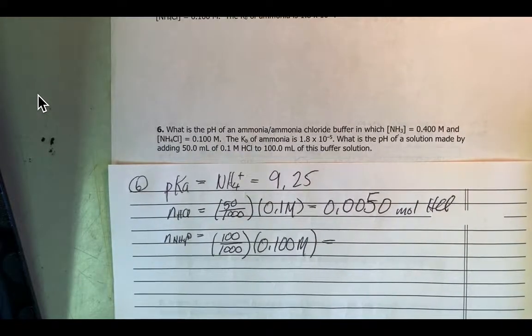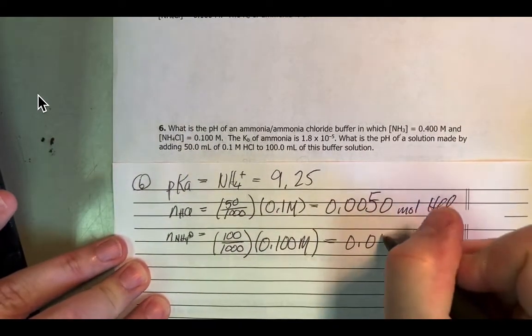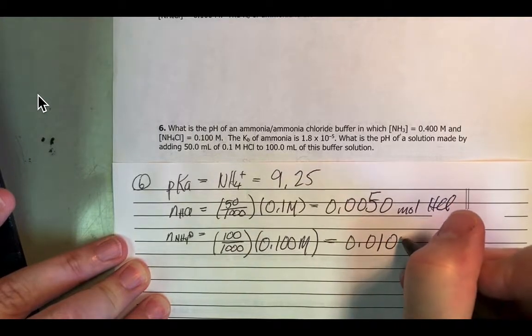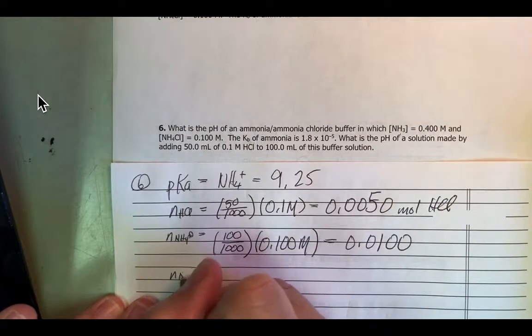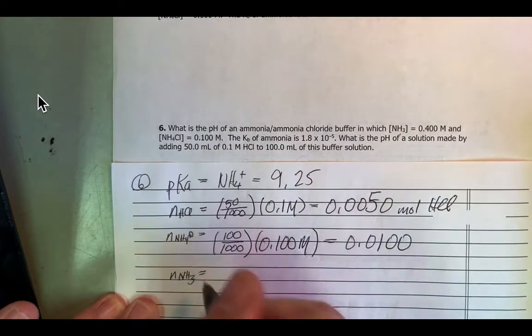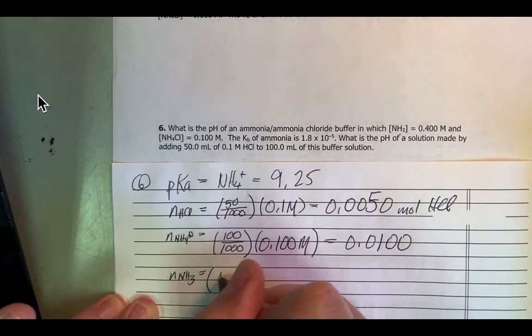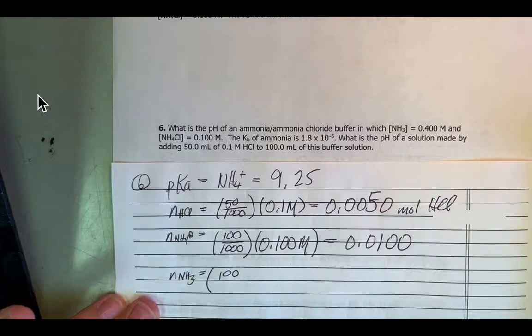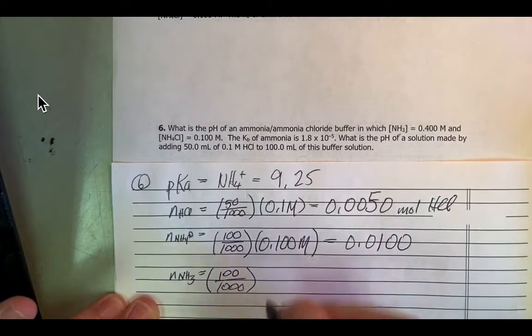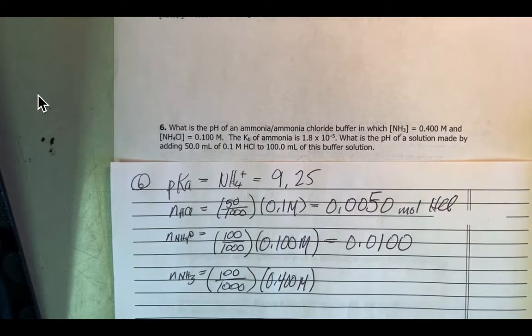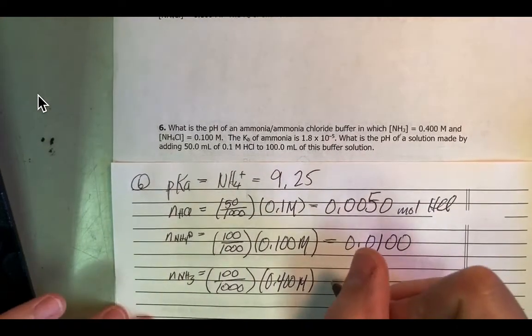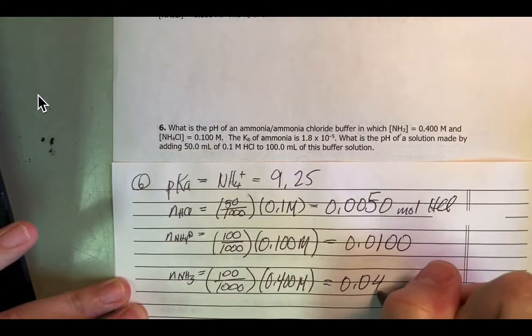So 100 divided by 1,000 times 0.1 is 0.0100. And ammonia in that buffer solution, in that same 100 mL buffer solution, it is 0.400 molar of the ammonia. So 100 divided by 1,000 times 0.4 is 0.0400.